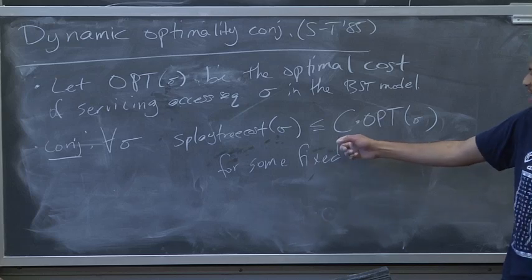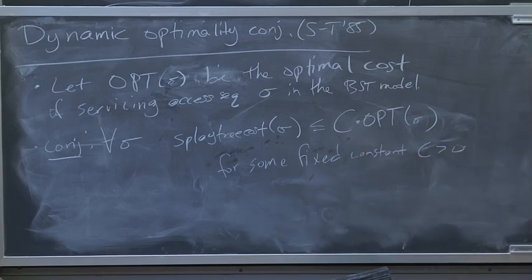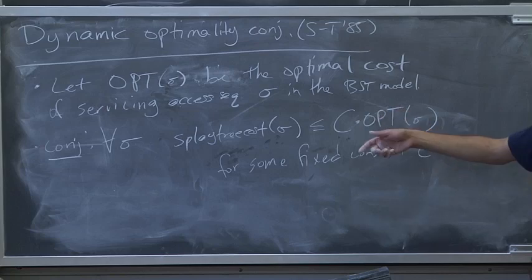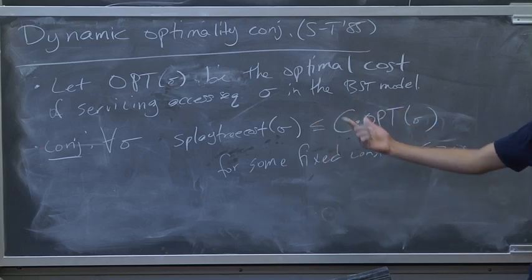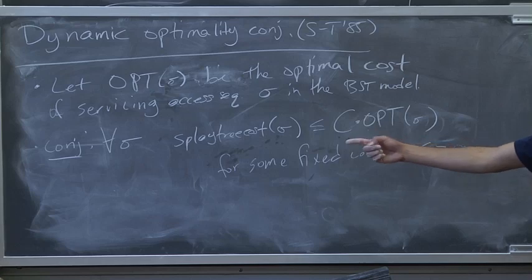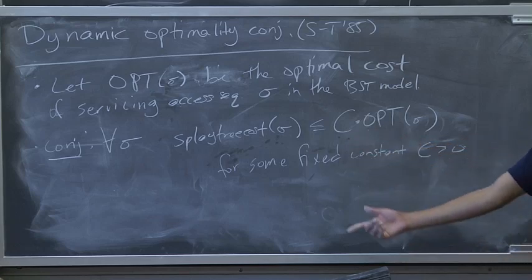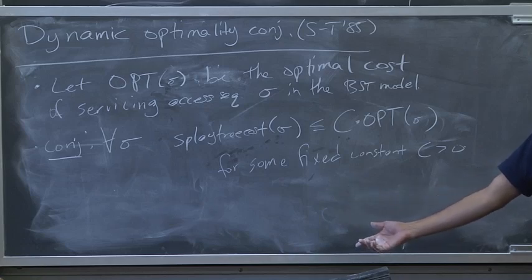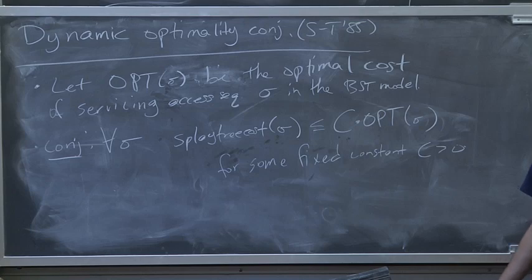Any balanced binary search tree will get you at most opt times log n. Why? Because for each element in this access sequence, you need at least constant time just to touch that node, and a balanced BST is spending at most O of log n. So it's at most log n times opt.